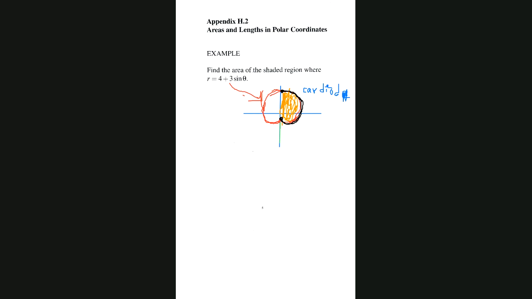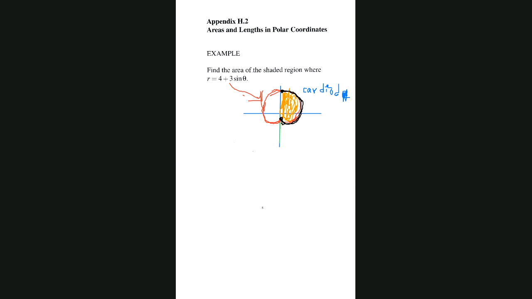The graph actually is like vertical here. Okay, so my starting angle is in that direction.